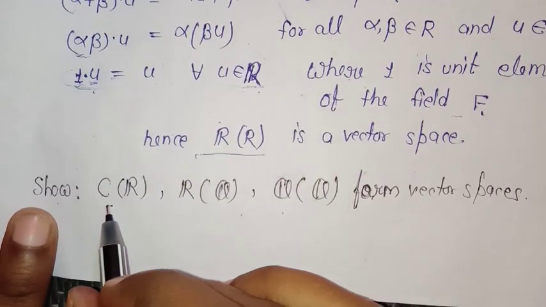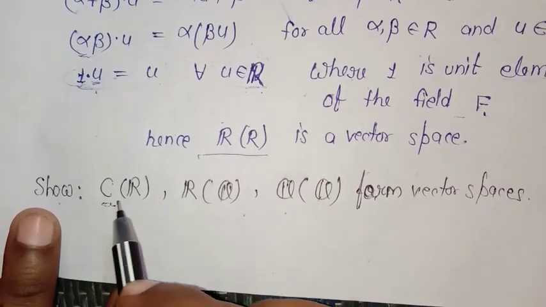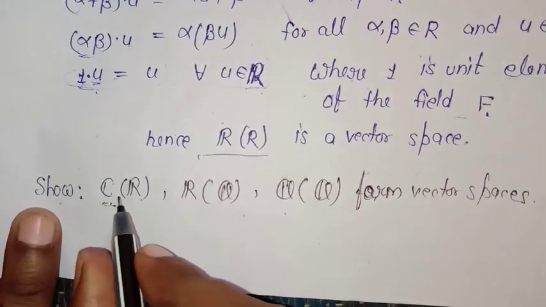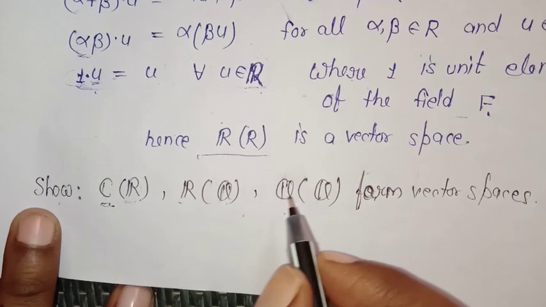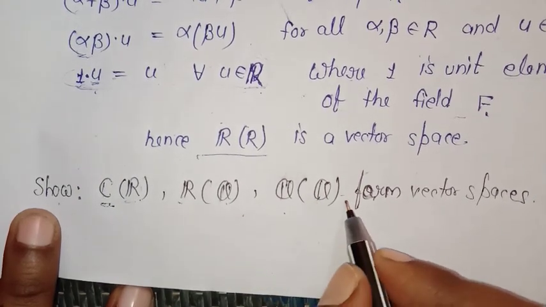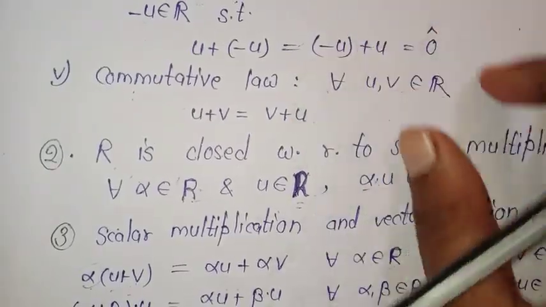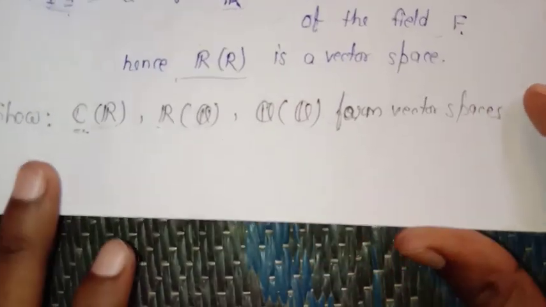For practice, you can consider these examples: C over R forms a vector space. This is the set of complex numbers over the set of reals. Also R over Q and Q over Q. These all form vector spaces. By showing all these properties, you can show that these also form a vector space.